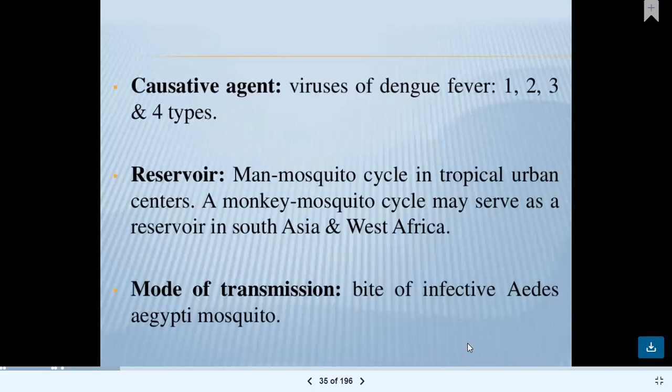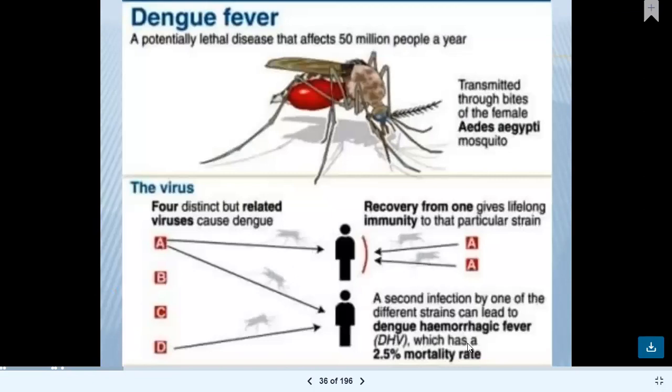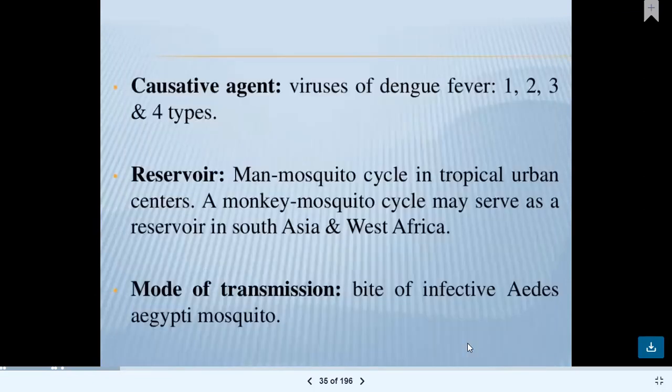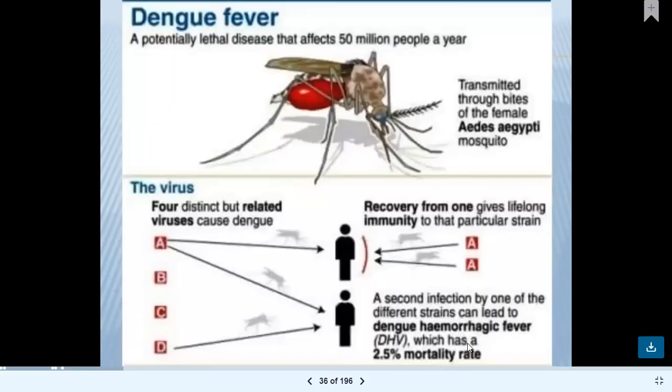If we talk about the mode of transmission, it's due to the bite of the infective Aedes aegypti mosquito. So you know the name of the mosquito. What is it? Aedes aegypti mosquito, and it causes dengue.